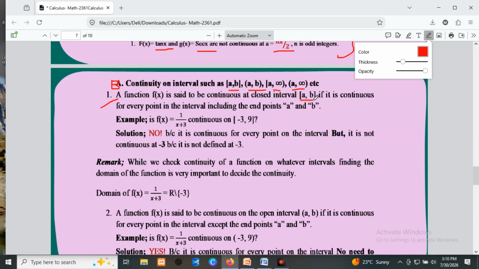Which means that to be continuous, it should be defined, the limit should exist, and the limit should equal the functional value.